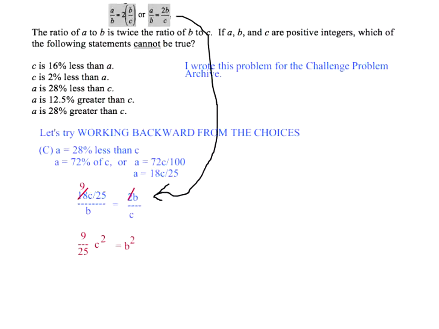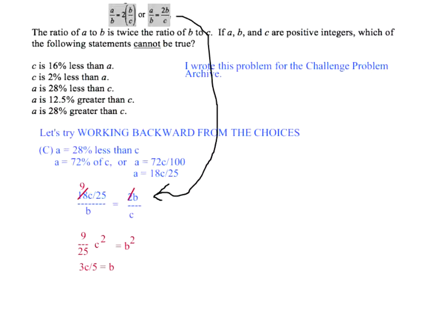Can you get integers to do that? Well, sure you can. You can let C be 5, and then B would be... C has to be some multiple of 5. You can take a square root of that, so 3C over 5 is B. So if you have that, then you can start looking to see if you can get integers.